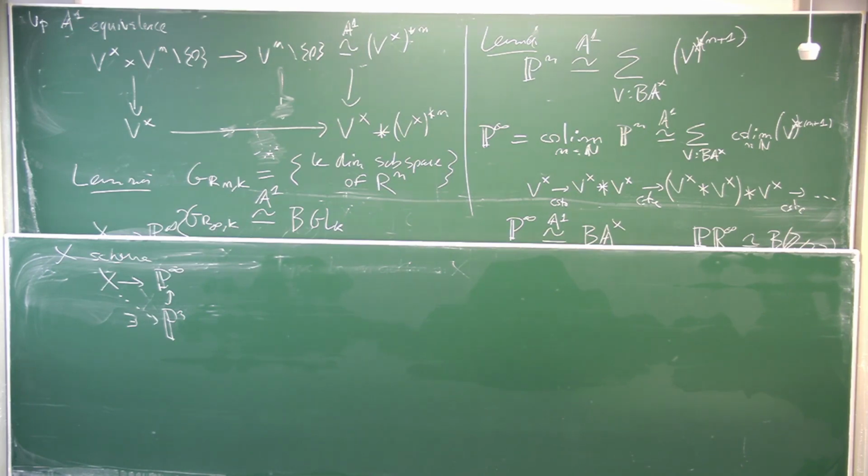So an actual line bundle on a scheme, does it come from a map to P infinity? Is that what we're trying to ask? That's the question. That's what I just asked. I understand that this is a question, yes.